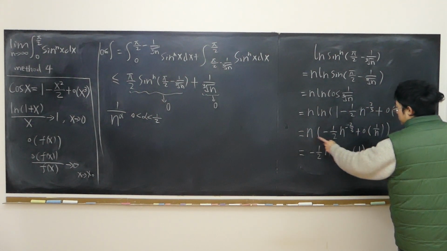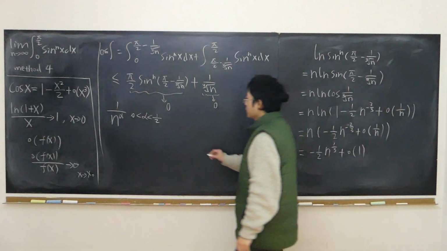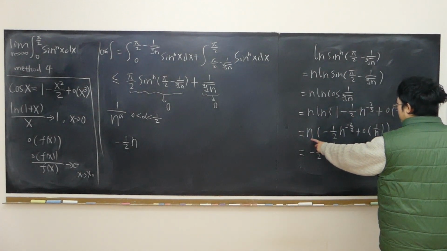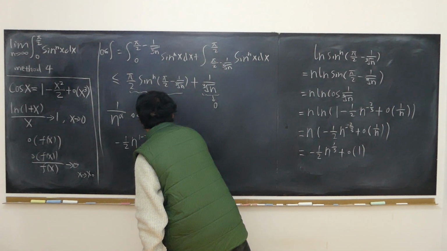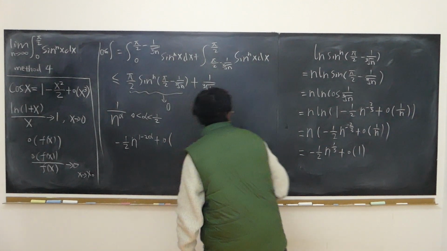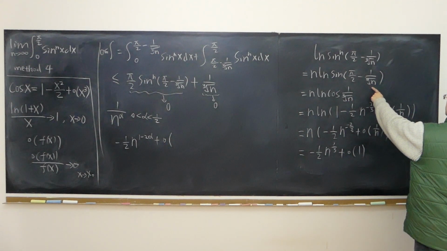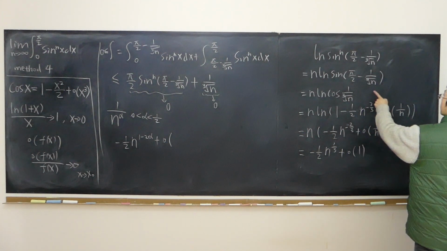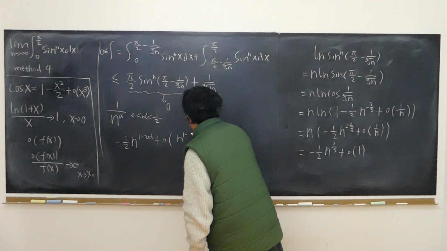So times n, if it were alpha, then we would have something like this: minus half times n to the power of 1 minus 2 alpha, plus little o of n to the power of 1 minus 3 alpha.